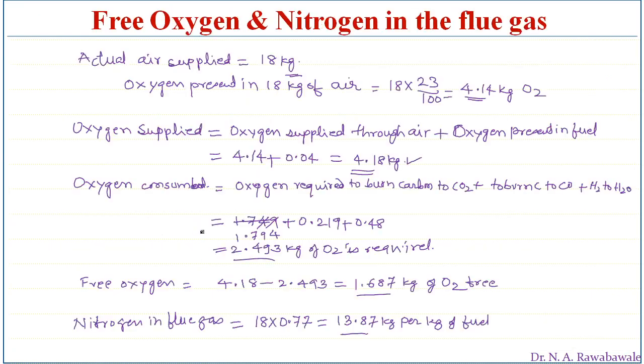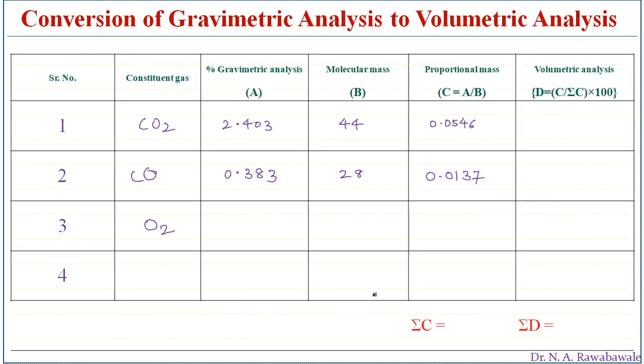The free oxygen present is 1.687, divided by 32, which gives 0.052. Then the last one is nitrogen, N2.